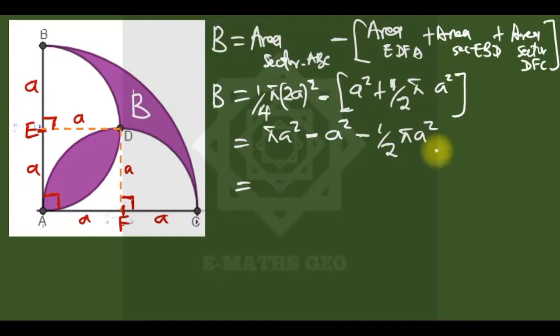And pi a squared minus half pi a squared is, okay, let's just continue here, is now half pi a squared minus a squared.